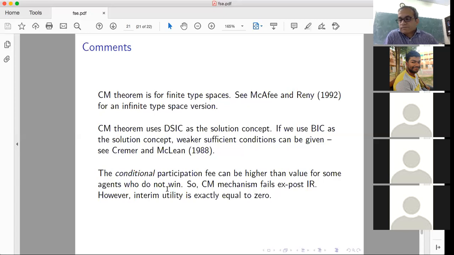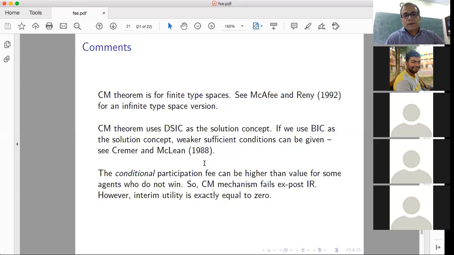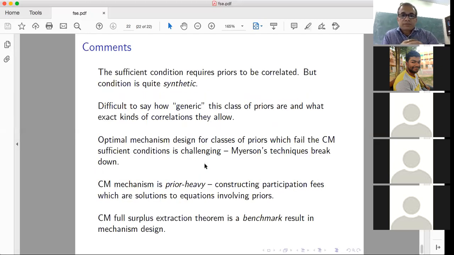And sir, in the McAfee and Reny paper, do the results significantly change, or is it just the continuous version of this? The condition looks more complicated, but it's a continuous analog of this system of equations type condition. But they also use similar interim IR and BIC and DSIC.